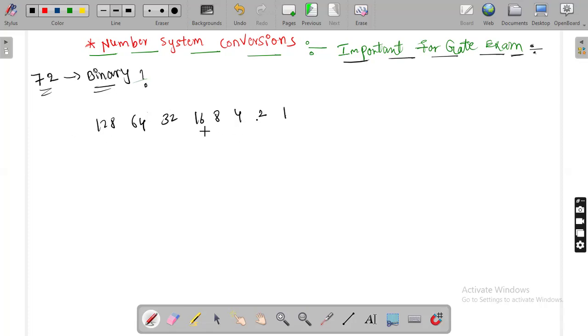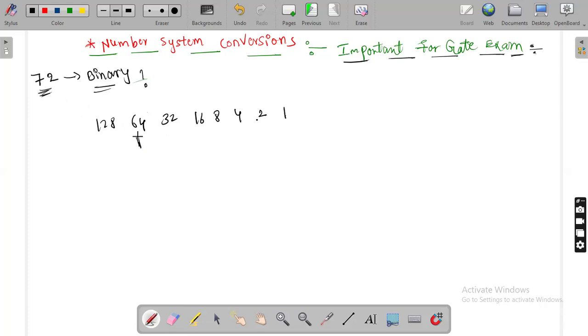Like that you have to follow. For 72, what is the nearest number in this series, less than or equal to 72, not greater than 72? The nearest number is 64. So write 1 at 64.